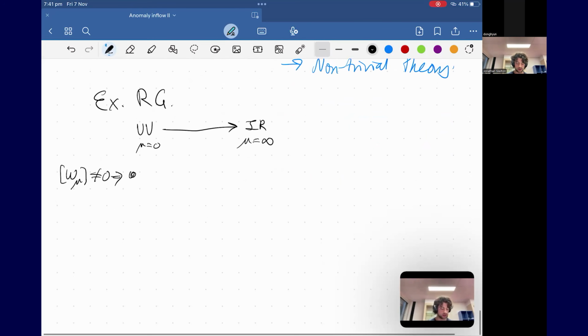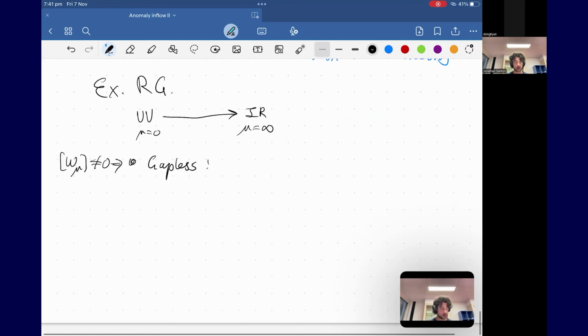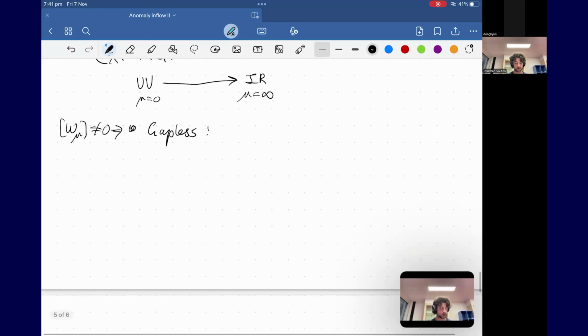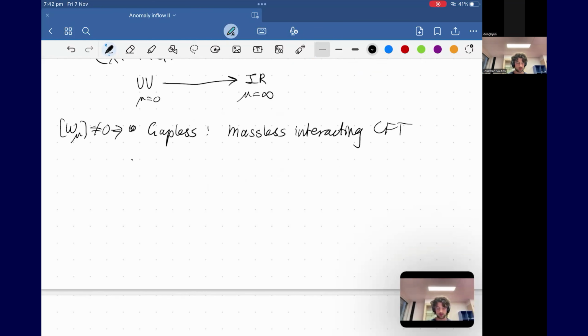It's going to be either gapless with a non-trivial spectrum, so it's going to have a massless interacting CFT, or it's going to be gapped, but it's going to have a non-trivial topological quantum field theory.